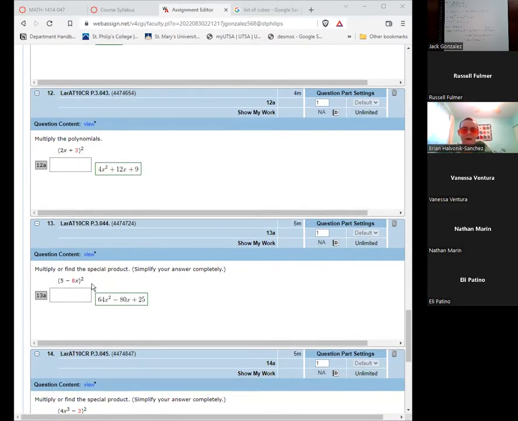Here we have a binomial expansion. So this formula is for all of these. If you have a square of 2 terms, right, it's always going to be this specific trinomial. So I don't care what it is, a plus b squared will always be equal to a squared plus 2ab plus b squared.